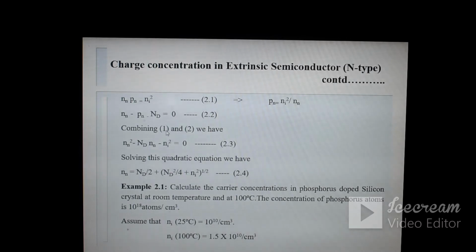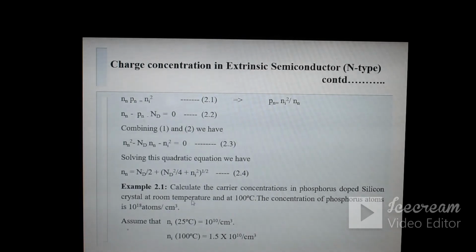Solving this quadratic equation, we have nn equal to Nd by 2 plus root over Nd square by 4 plus ni square, that is the new electron concentration.